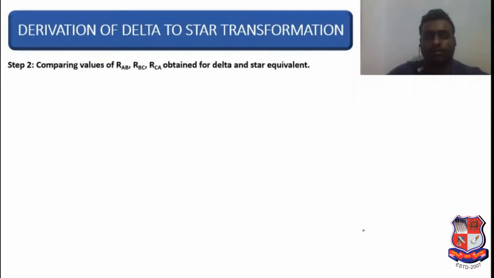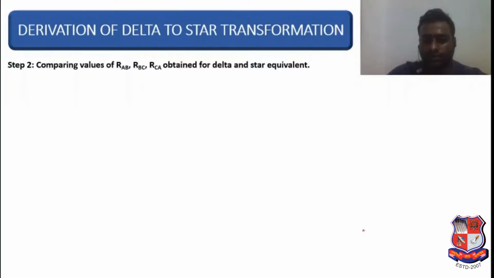Now we will go to step 2. So what will be step 2? Step 2 is comparing the values of RAB, RBC and RCA obtained for delta and star equivalent. For this we first have to compare the first equation and the fourth equation for RAB.